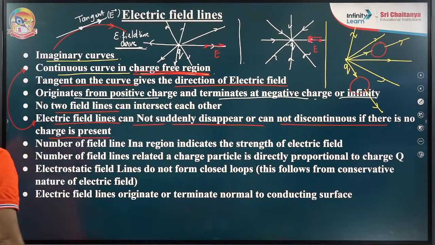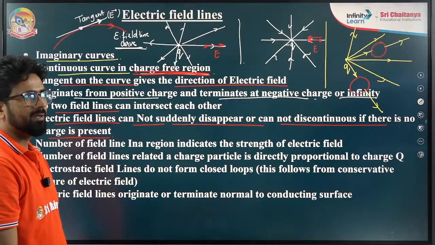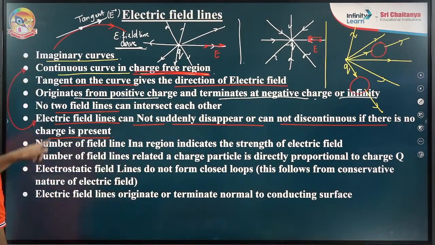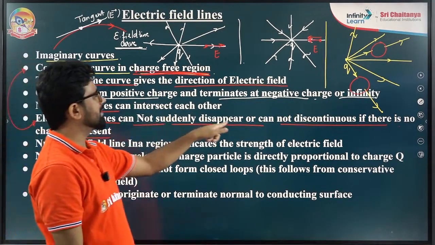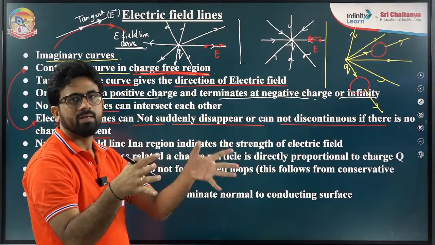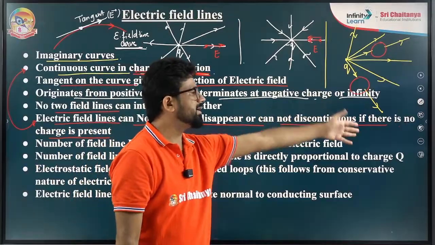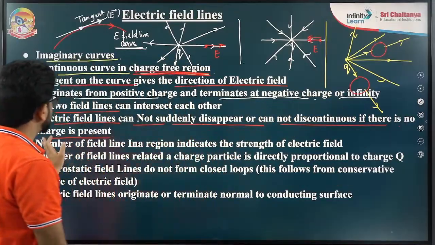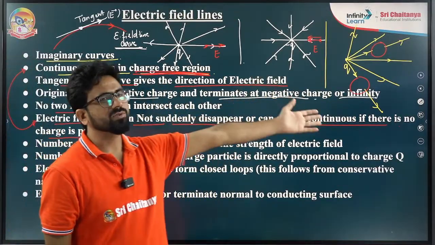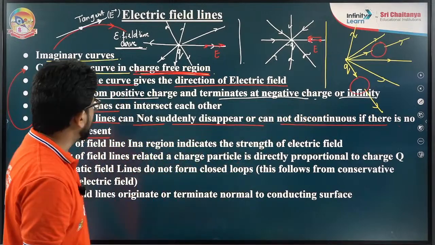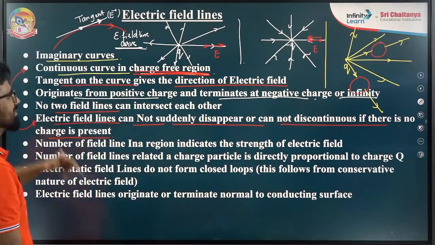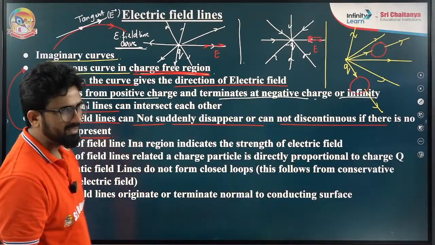Point number 6 and point number 2 are the same. The electric field line cannot suddenly disappear. That means it would be continuous. It cannot be discontinuous if there are no charges present. So point number 2 and point number 6 are the same. So you can understand it.